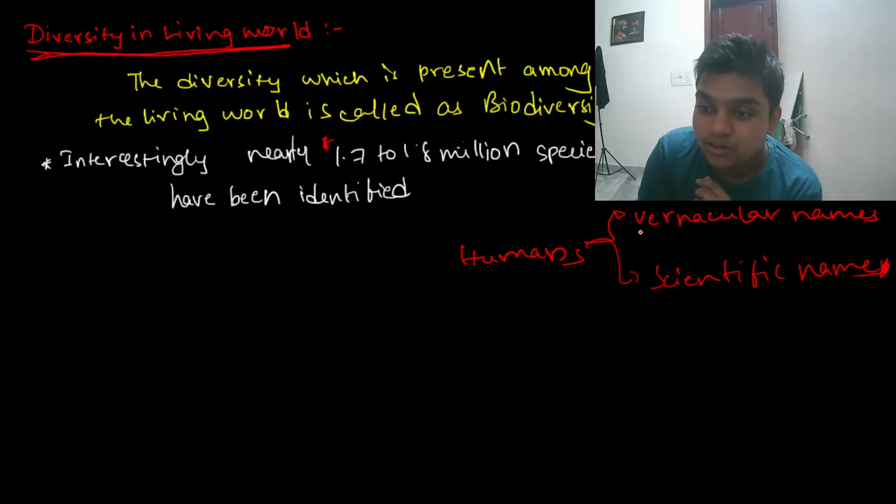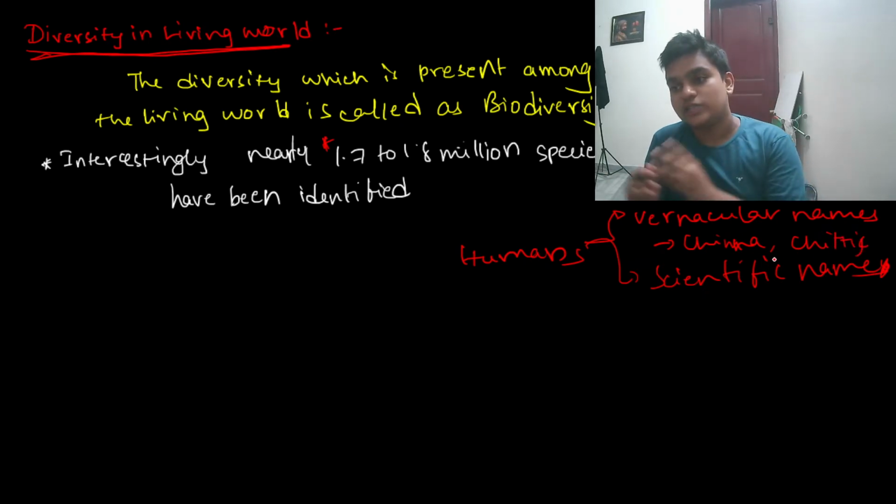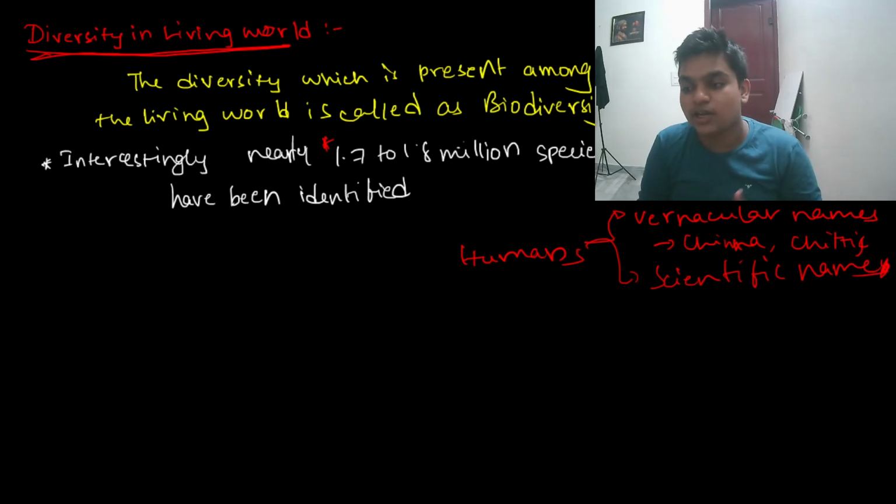What are vernacular names? Generally in South India I'm saying, Chinna, Chitti, Babu, Bujji. These all are vernacularly present, the regionally kept words or the nicknames given to different humans. But the scientific name of humans, does it change from location to location?